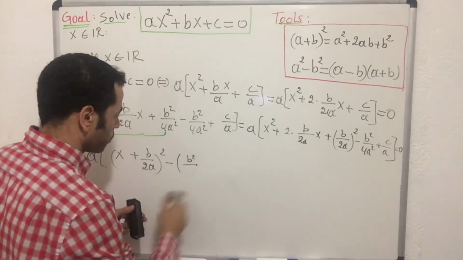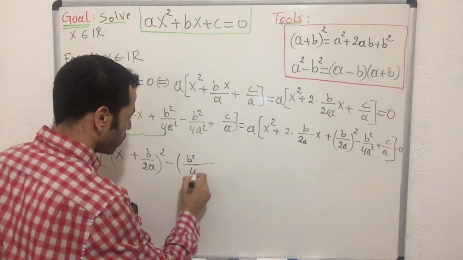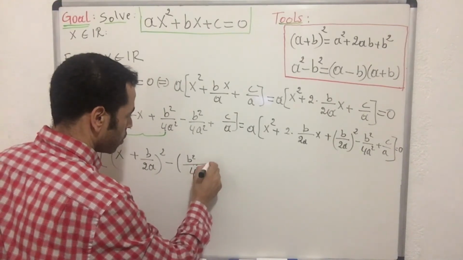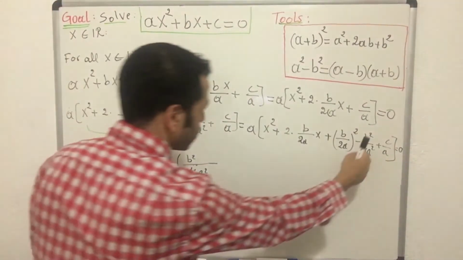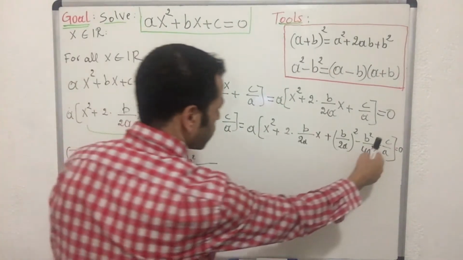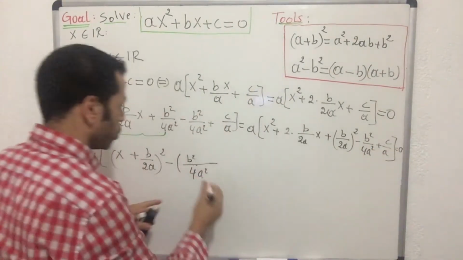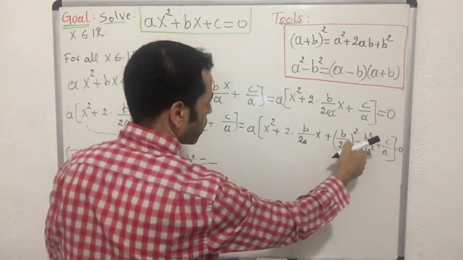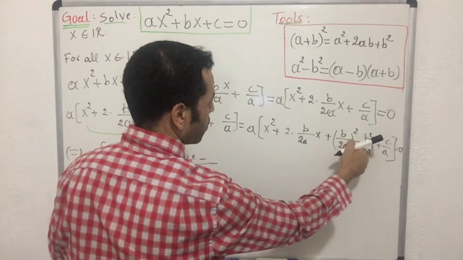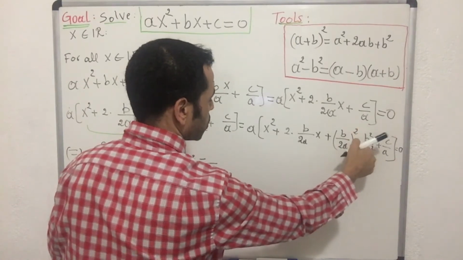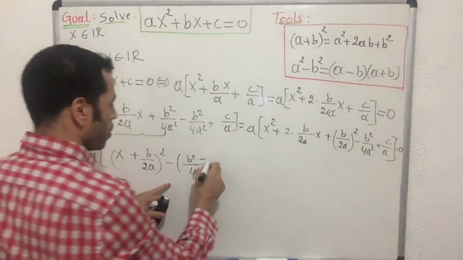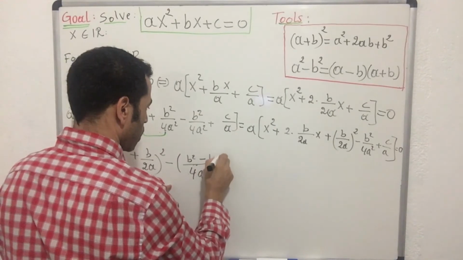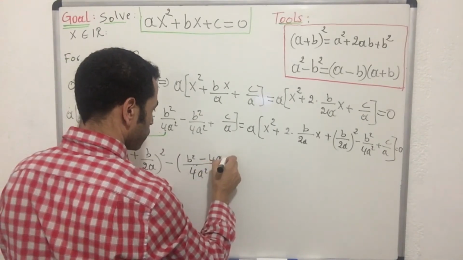So this becomes 4a squared, this one multiplied by 1, this multiplied by 4a, with the minus outside because I made the minus sign outside of the whole thing. So minus 4ac, okay.